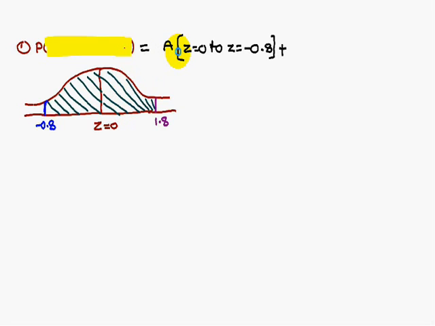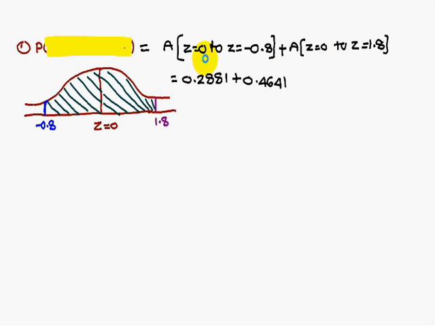How will you find it? It is the area from the line z is equal to 0 to z is equal to minus 0.8, plus the area between z is equal to 0 to z is equal to plus 1.8.